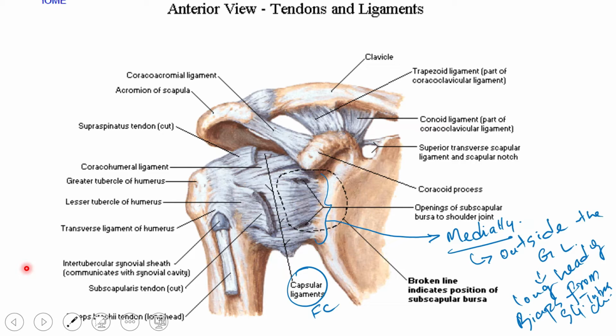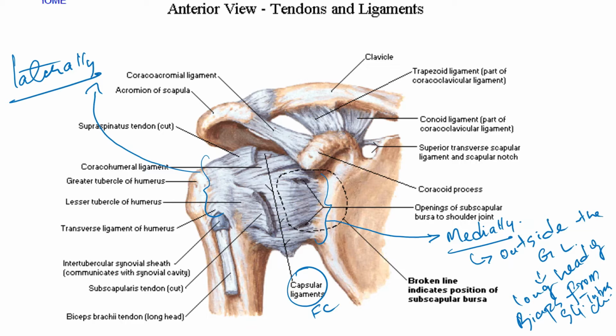When we talk about the attachment over the lateral end, the fibrous capsule is attached to the anatomical neck of the humerus, but the attachment is deficient at two sides. Number one is the upper end of the intertubercular sulcus.